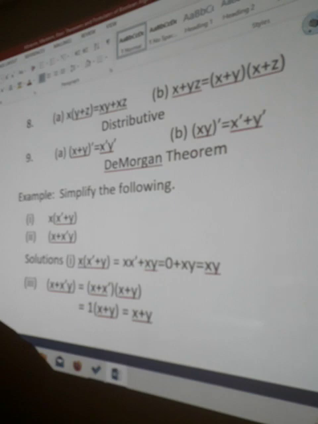So it is equal to xy. Number 2, x + x'y = (x + x')(x + y), and x + x' = 1 according to the basic theorems and postulates, so it is equal to x + y.